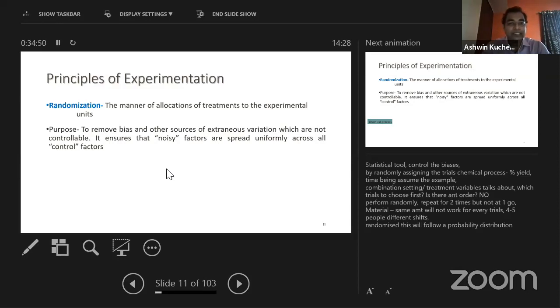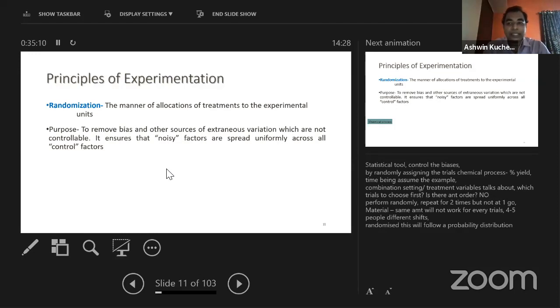In short, it's a statistical tool which controls bias and other sources of extraneous variation which are not controllable. It controls the noise factors, the uncontrollable factors, which should be distributed across all the runs where you will be randomizing.